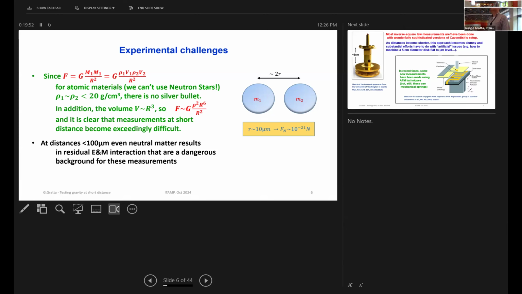So the force is now m1 m2 over r squared. So you gain with the square of the distance, but then you lose with the sixth power of the distance. And of course, the best you can do is to make those things out of platinum, which has density 20 or something. If we could put little tiny neutron stars in there, we would gain many orders of magnitude, but we cannot do that. And so that's actually where we are now.